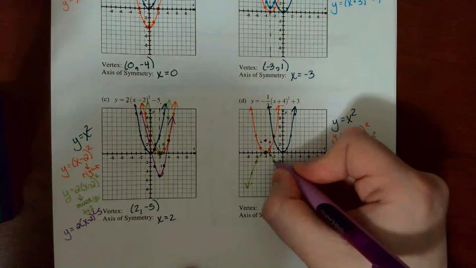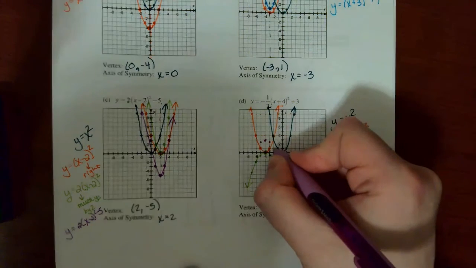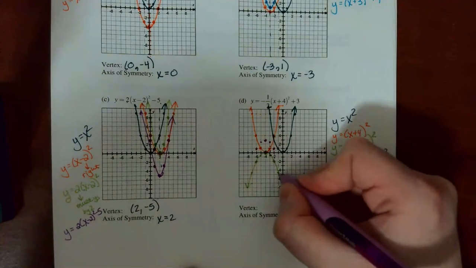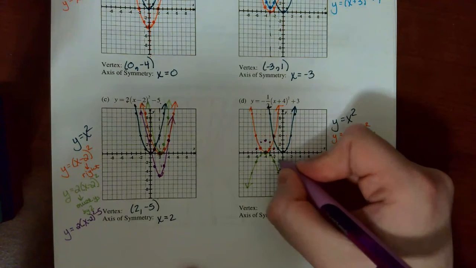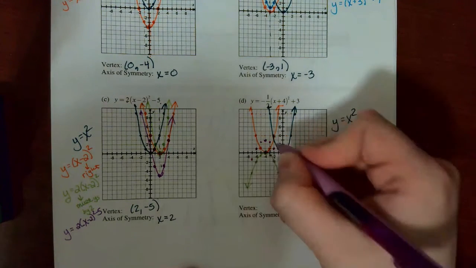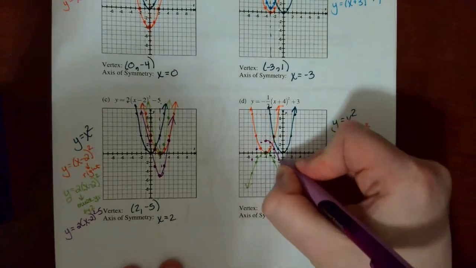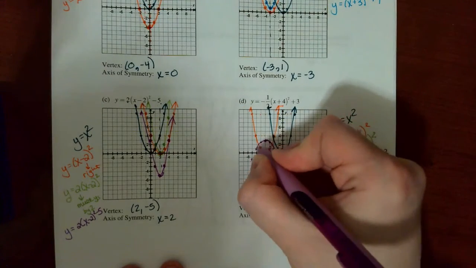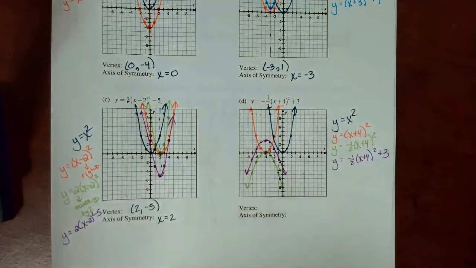This one was right at negative 2, go up 3, it's 1, 2, 3, like that. This one was again halfway between 2 points, that's okay, we can still move it up 3, 1, 2, 3, like that, and like that. I'm going to connect the dots. And there we go.